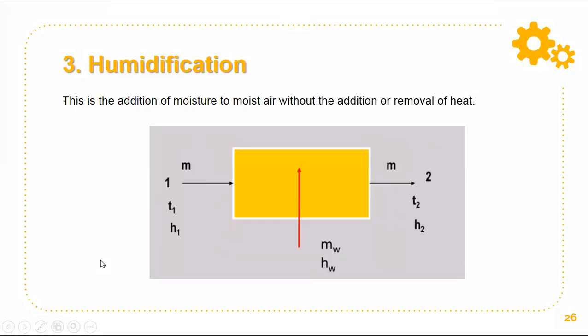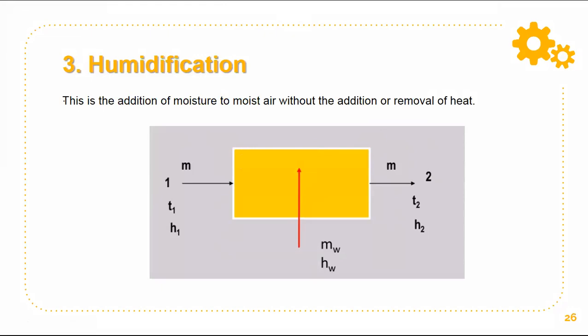Now, humidification. This is the part wherein you're going to add moisture to air. So addition of moisture, but take note, without the addition or removal of heat. In the case of the first two, the heating and the cooling processes, there's no change in the humidity. It's a constant humidity thing.